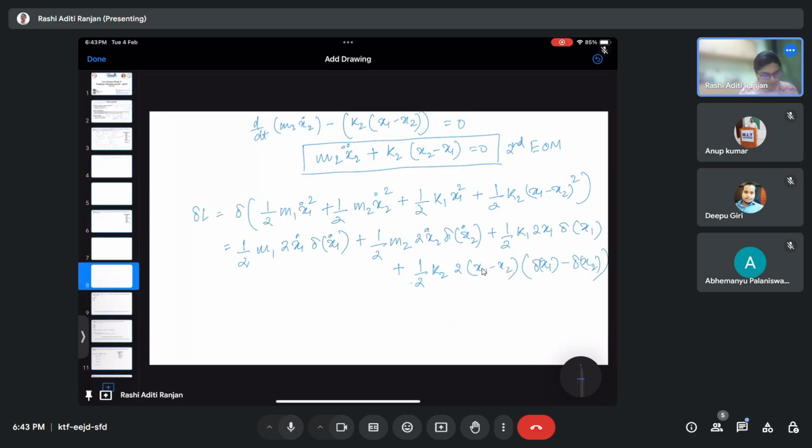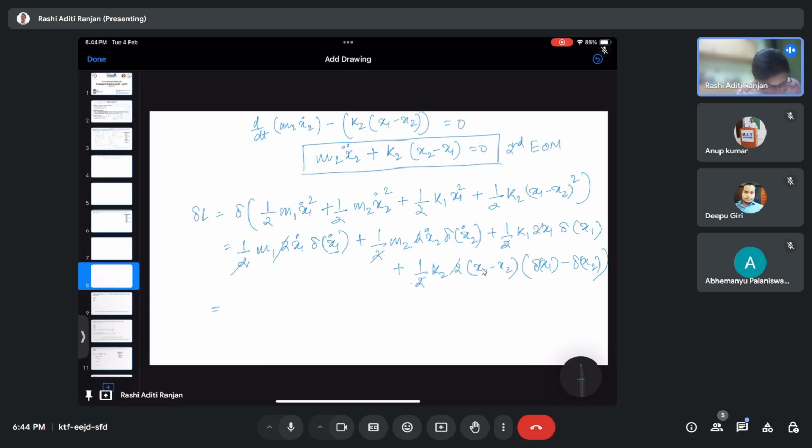Okay, this I can further write as, now see here I have x1 dot, which is d by dt of x1. So what I can do, I can bring the d by dt outside. Okay, so then what will it give? And I'll cancel the 2 from everywhere.